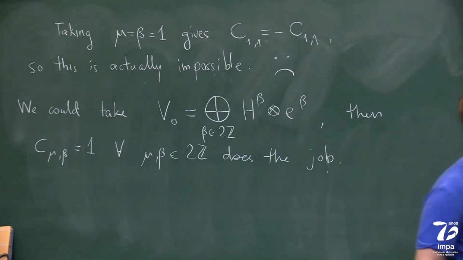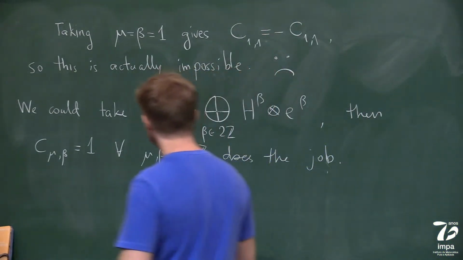And then in this case, this factor minus 1 to the mu beta is 1 for all mu and beta, so just taking C to be trivial, C equal to 1, does the trick. Okay? So we do get a vertex algebra in this case.